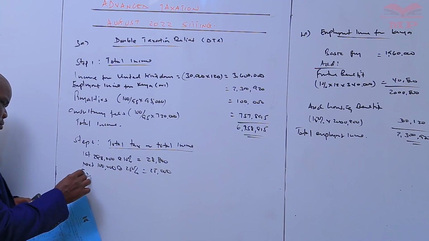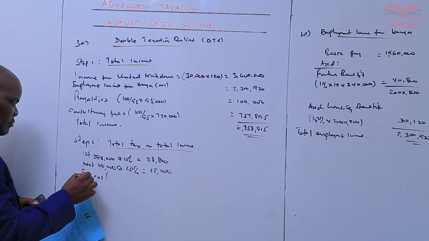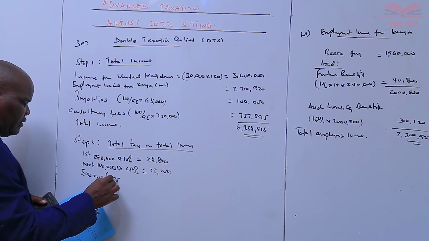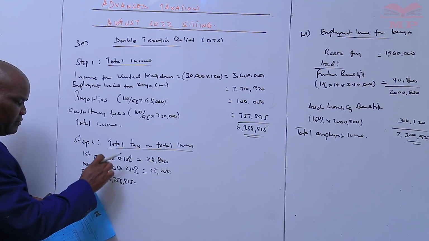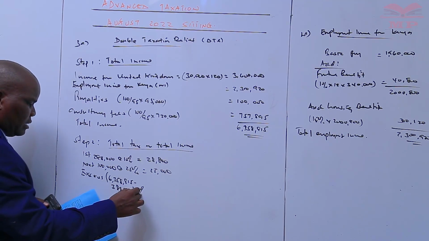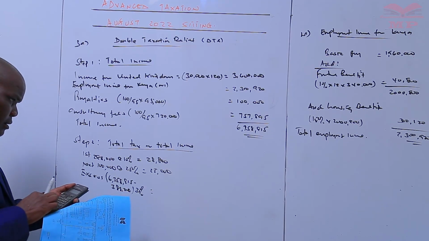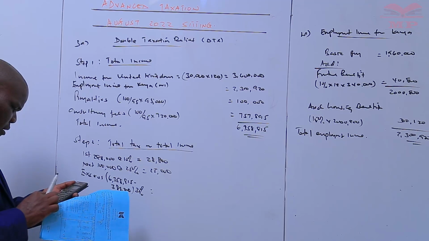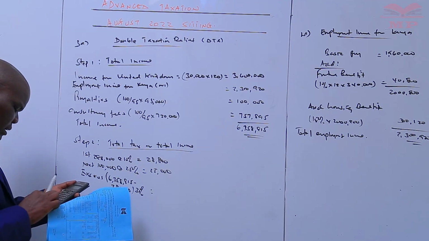So excess you get as this. It is simply the difference between the total amount you are taxing, that is 6,758,815, less the amount you've taxed so far, that is 388,000. The rate is 30%. We do that, so we shall have 6,758,815 less 388,000 times 30%.